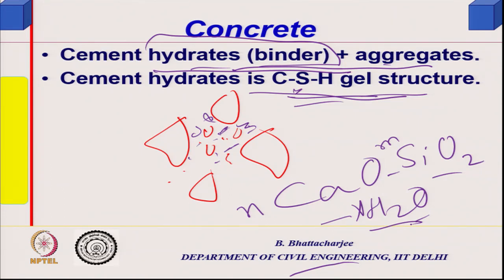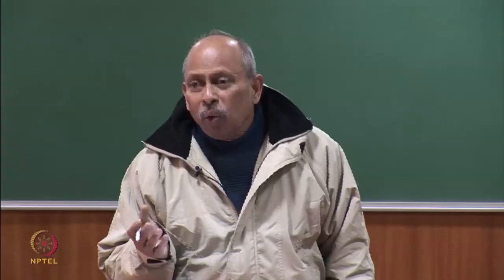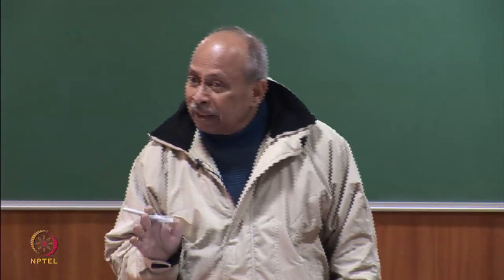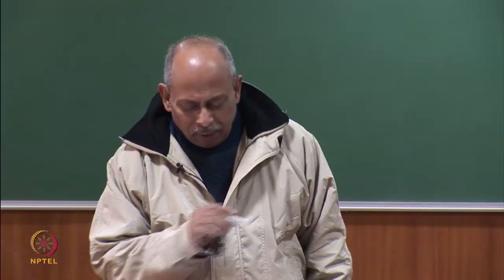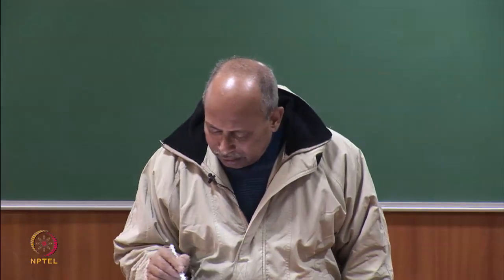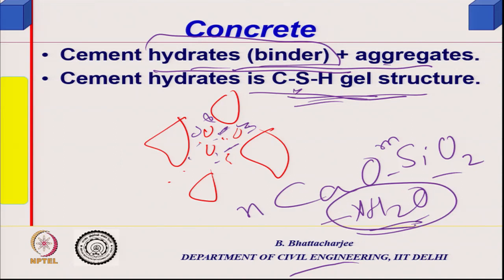Aggregates are not so vulnerable. Some aggregates are vulnerable, but sand and quartz, formed over the years as natural material, are not so vulnerable. So this is vulnerable. What happens? This has got this H2O.